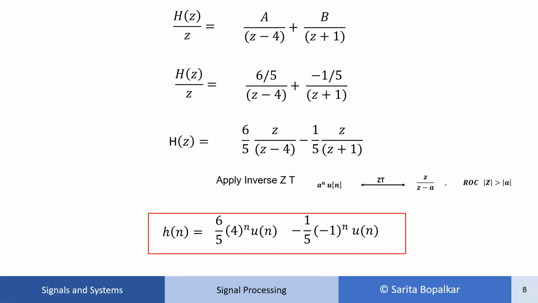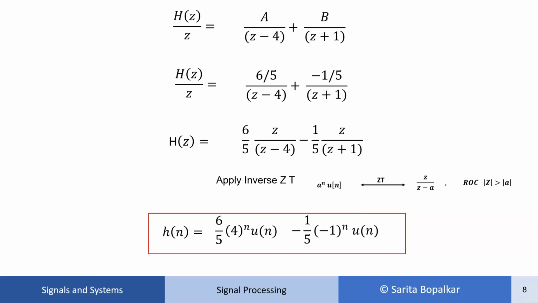So here what we did: the difference equation is given, then we calculated h of z, that is the transfer function. Then we plotted the pole zero plot, which is nothing but the roots of the numerator polynomial and the roots of the denominator polynomial of h of z. Once you get h of z, find the inverse to obtain h of n, the impulse response.